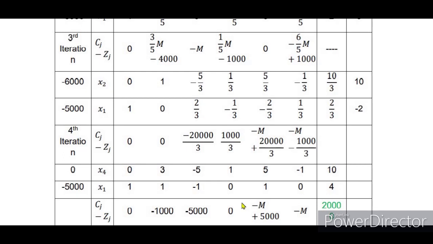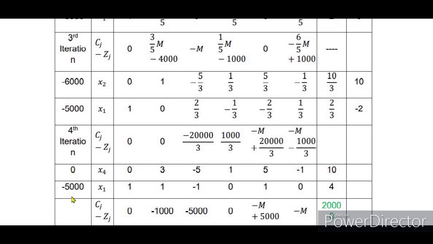So now we will compute the Cj minus Zj of the fourth iteration. 0 is the value of the numerical coefficient of x sub 4 in our objective function. That is why 0 is written here in the C sub b column. So 0 times 0 is equal to 0.